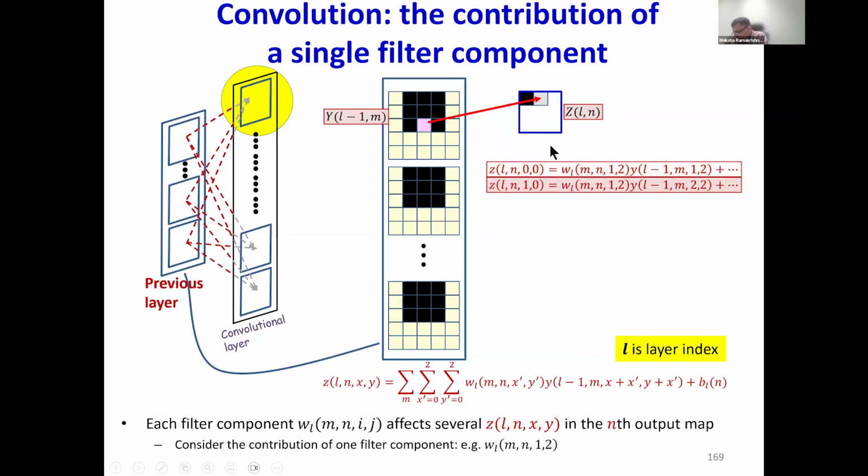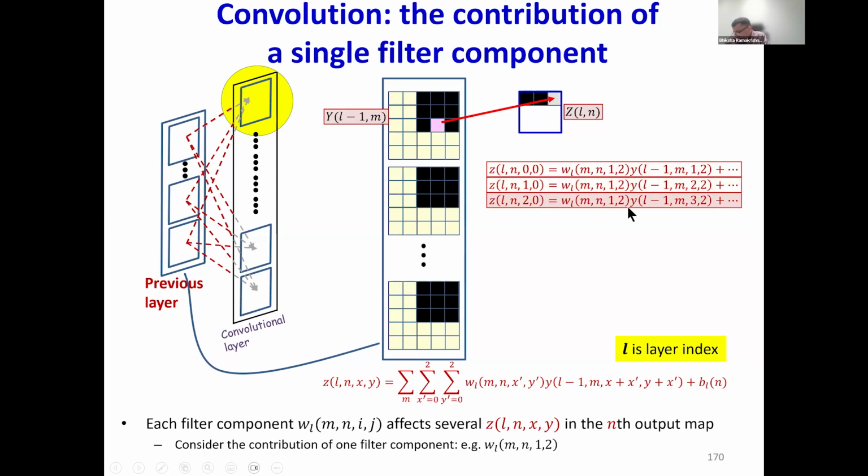Filter element 1,2 multiplies y element 2,2 to compute z element 1,0. 1,2 multiplies 3,2 to compute z element 2,0, and so on. Does this relationship seem familiar? We saw this earlier, right? Anybody remember what we saw just a few minutes ago? The indices of z and w must sum to give you the index of y. Remember?